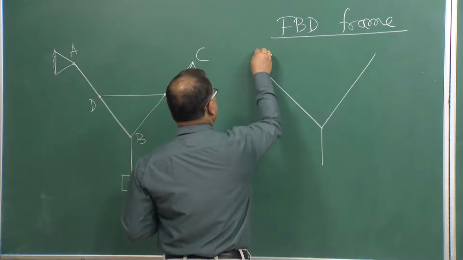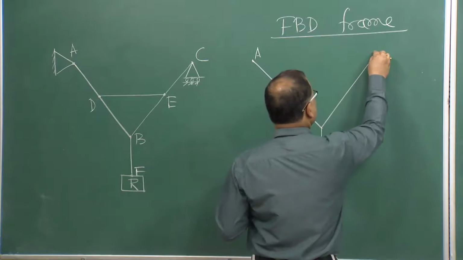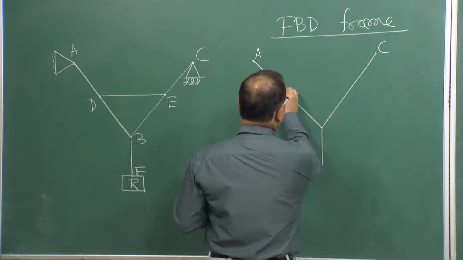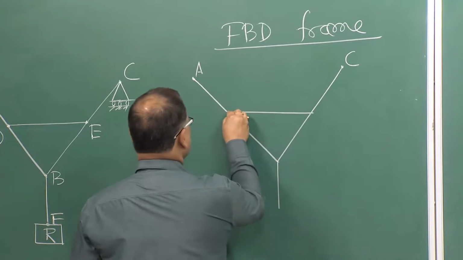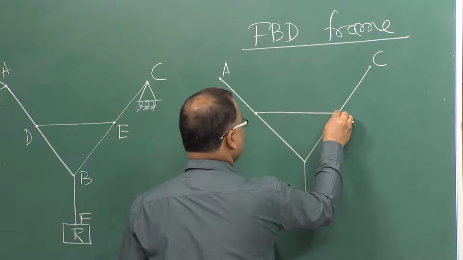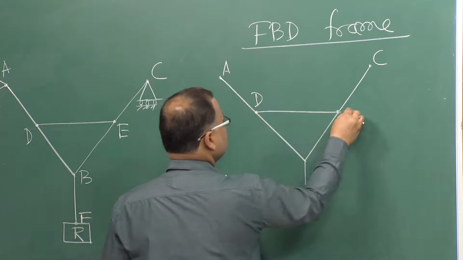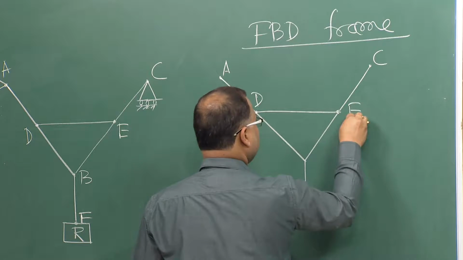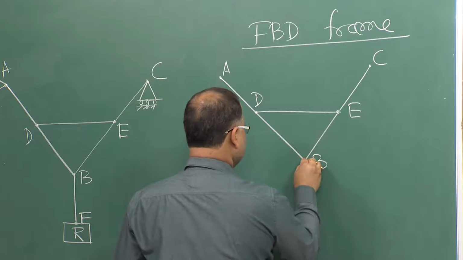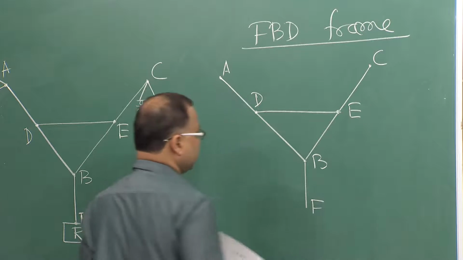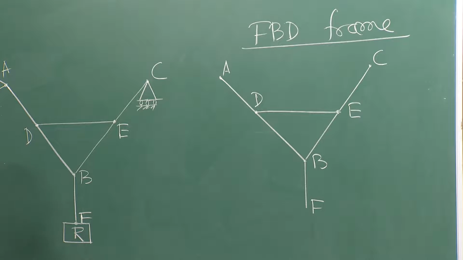So, this is A, this is C and this is D, this is E, this is B and this is F. So, this is the whole frame, I am taking it out.